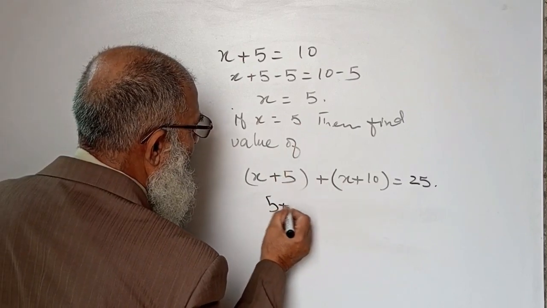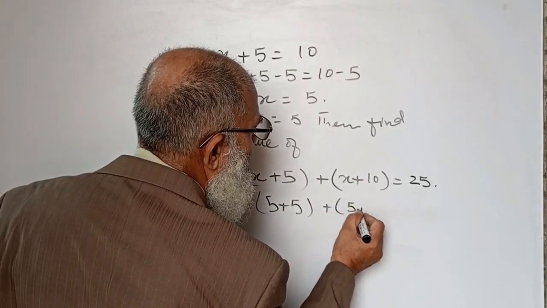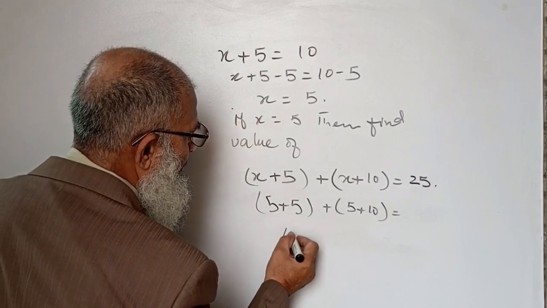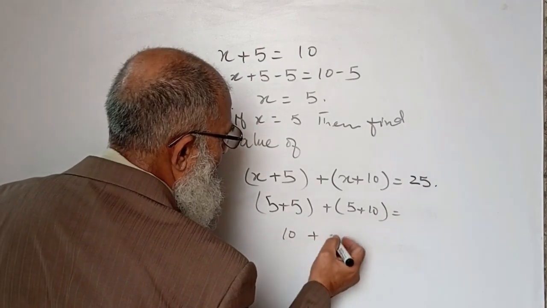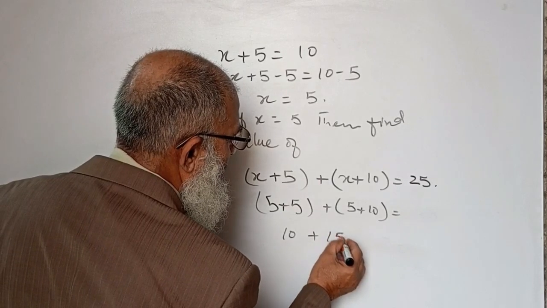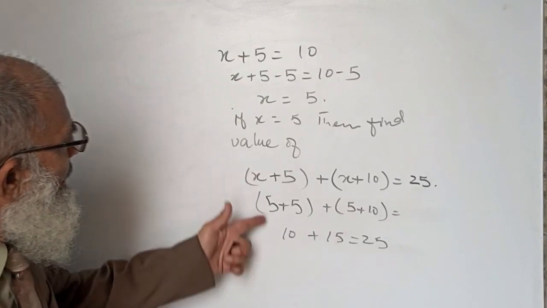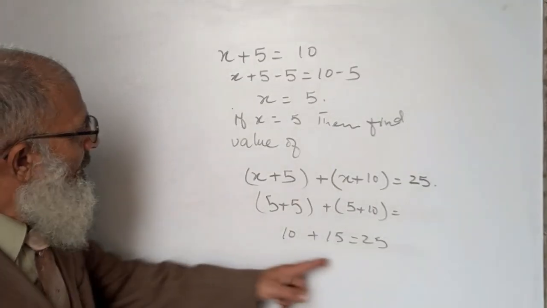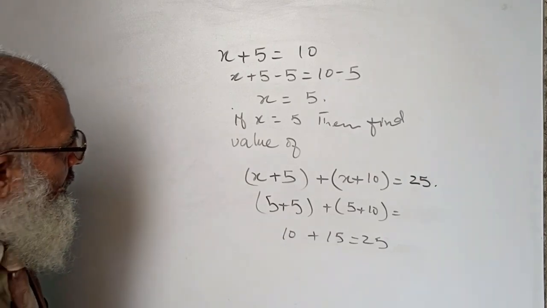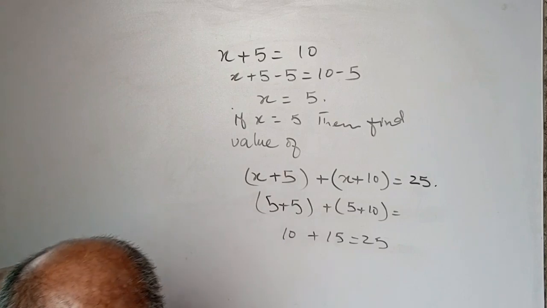You see that 5 plus 5, then again 5 plus 15. 5 plus 5 is 10, plus 15, and is equal to 25. Now we have simply substituted the value of 5 and come across the number 25.